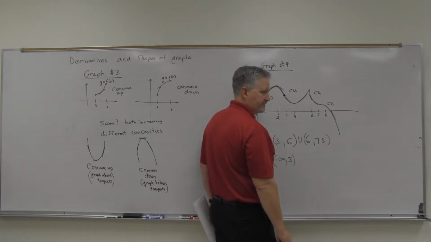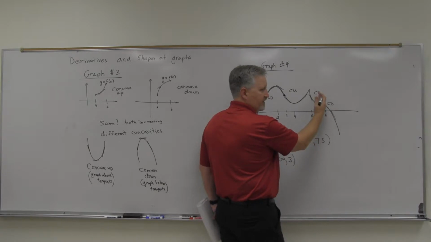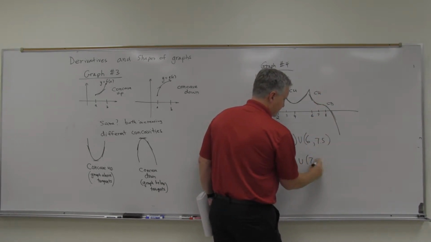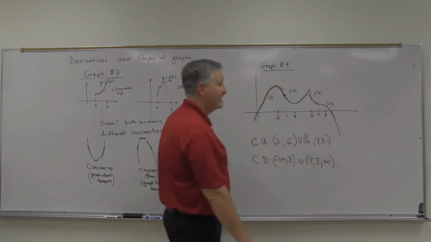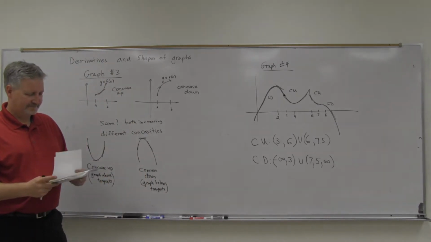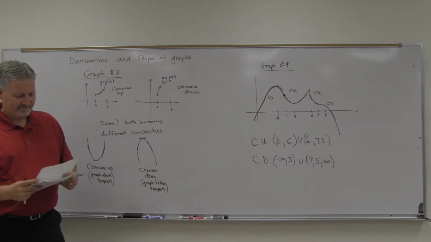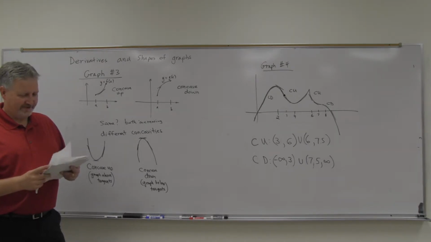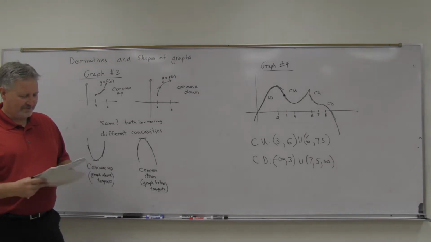So 6 to 7.5 is concave up, and then 7.5 to infinity, concave down. So it's a little different than a typical concavity problem. So you just have to work a couple of those, work through those.